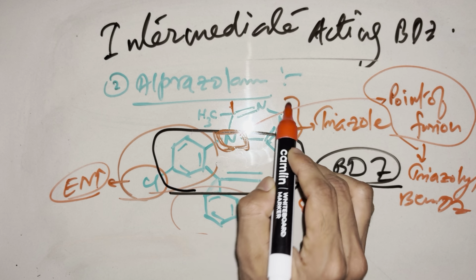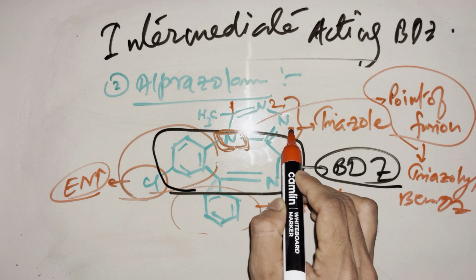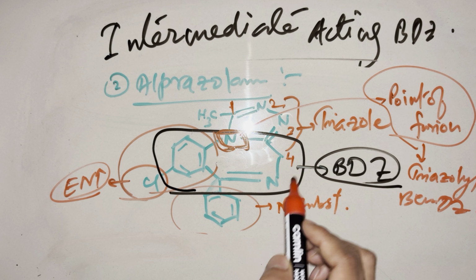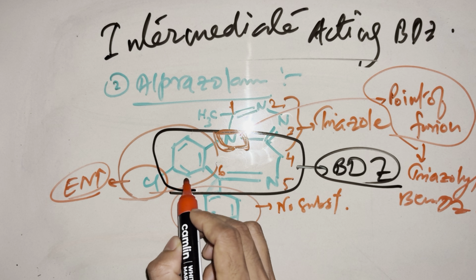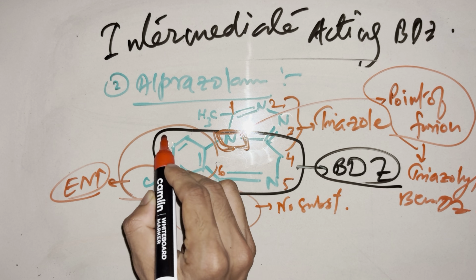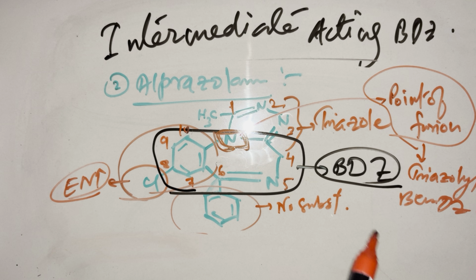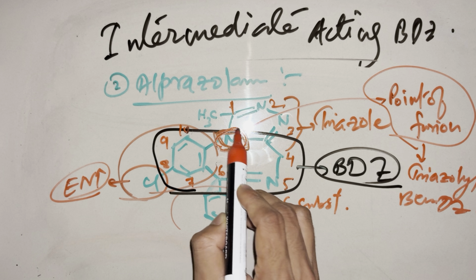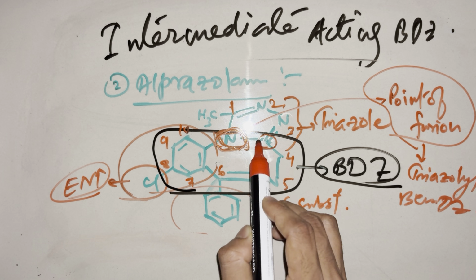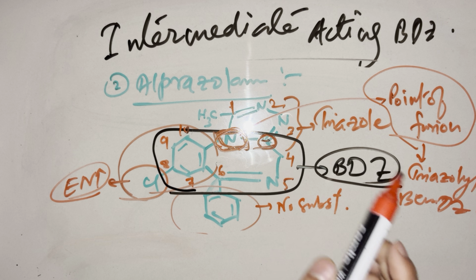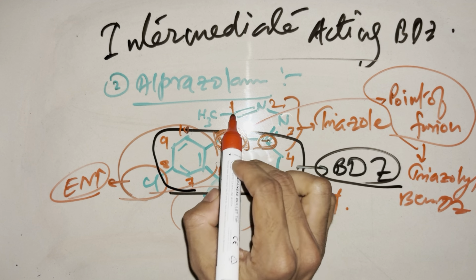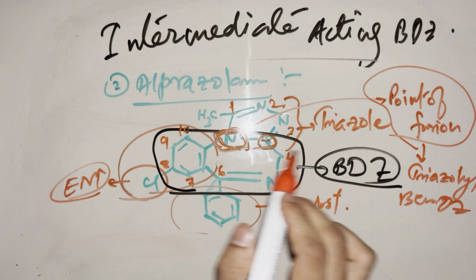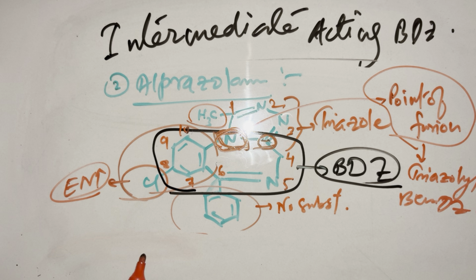This will be 1, then 2, then 3, then 4, then 5, then 6, then 7, then 8, then 9, then 10. So this is the point of fusion. So there will be no numbering here. And again, this is also the point of fusion. So there will be no numbering here. Okay. So numbering will start from here. 1, 2, 3, 4, 5. Again, this is a substituent. Okay.